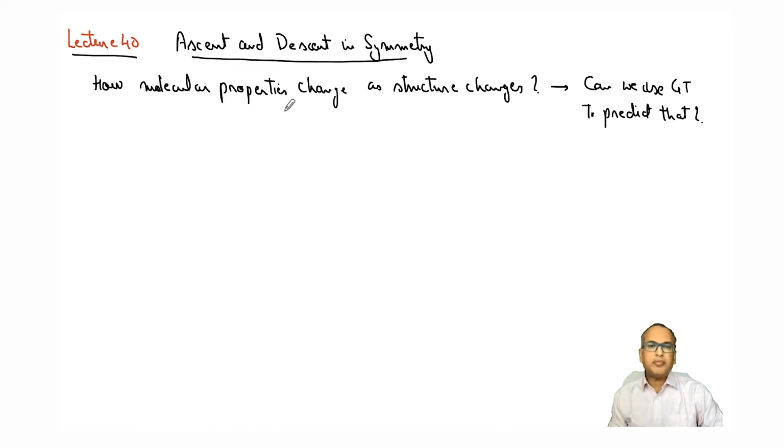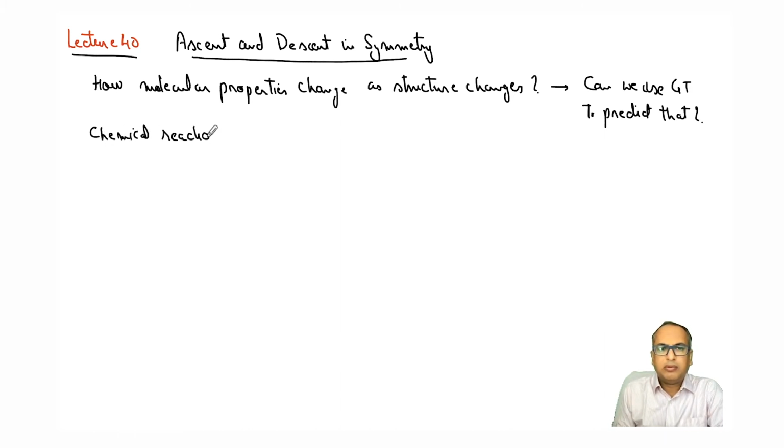Okay. So what do you mean by structure changes? For example, under any chemical reaction, we see that substitution may happen or deletion of an atom may happen, leading to molecular deformation, right?